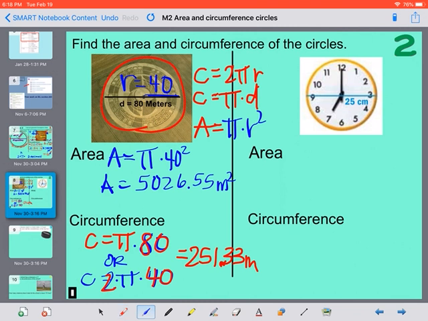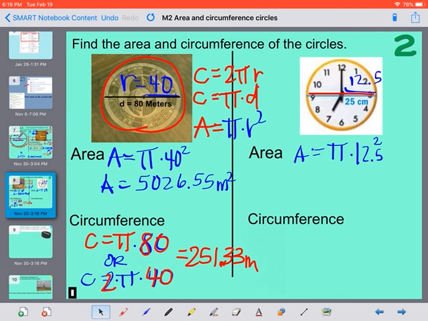Next, our area, pi r squared. So pi times our radius squared. Our radius we don't know. We know that our diameter is 25. So our radius, which is half of that, 25 divided by 2, gives us 12.5. So our radius is 12.5, and then we will need to square it.